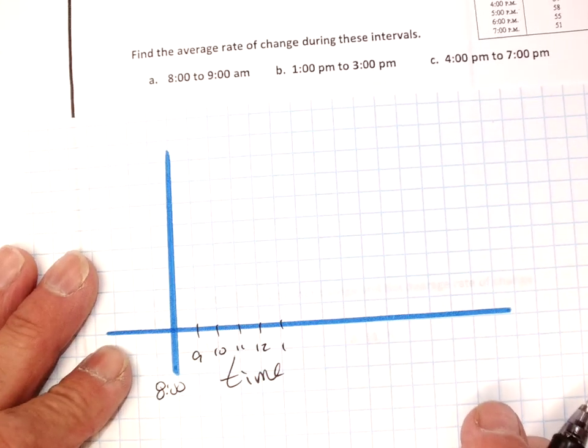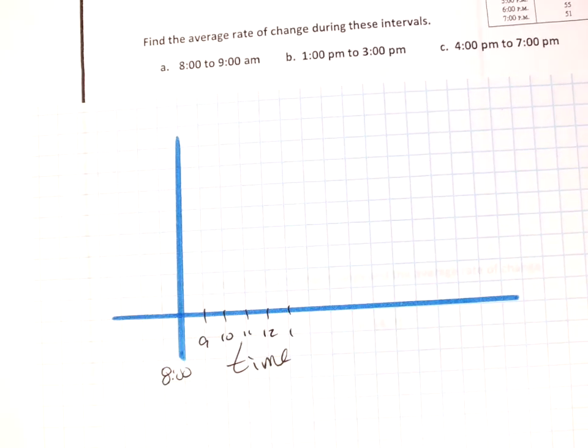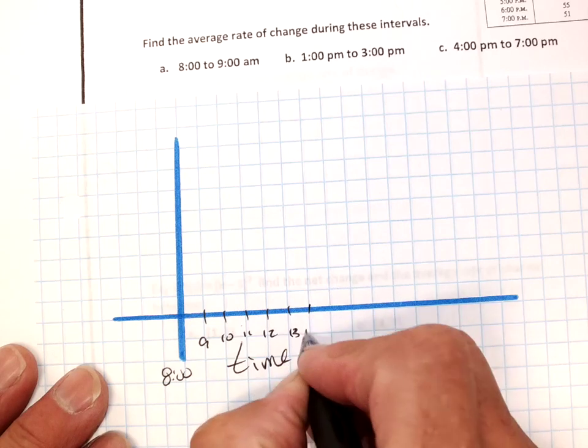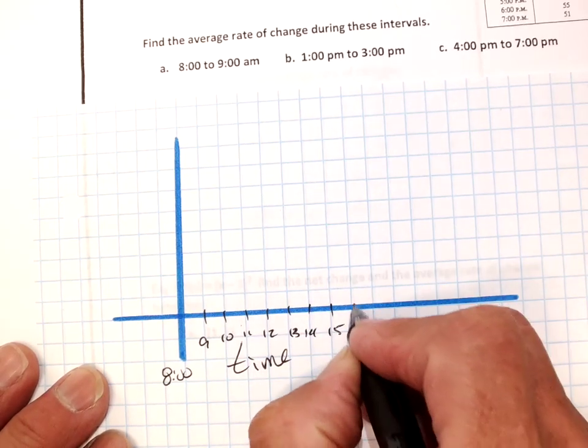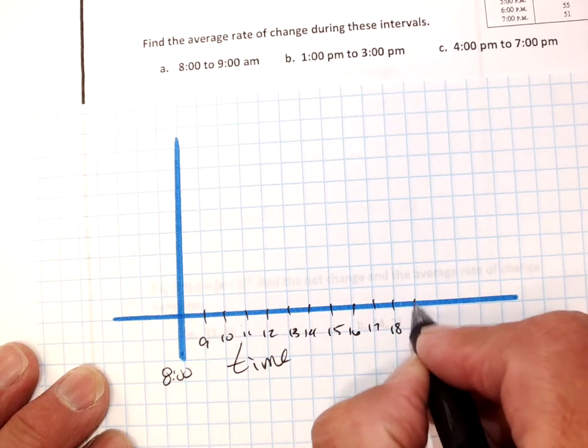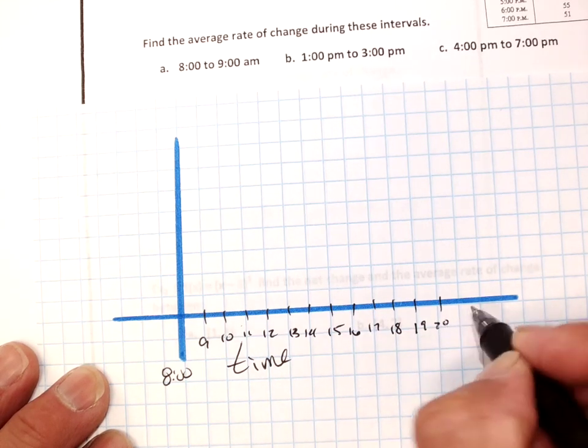Okay, now, when I do a graph with time, I shift it to military time. Because 12 points, I'm going to change this to 13, 14, 15, 16, 17, 18, 19, 20.